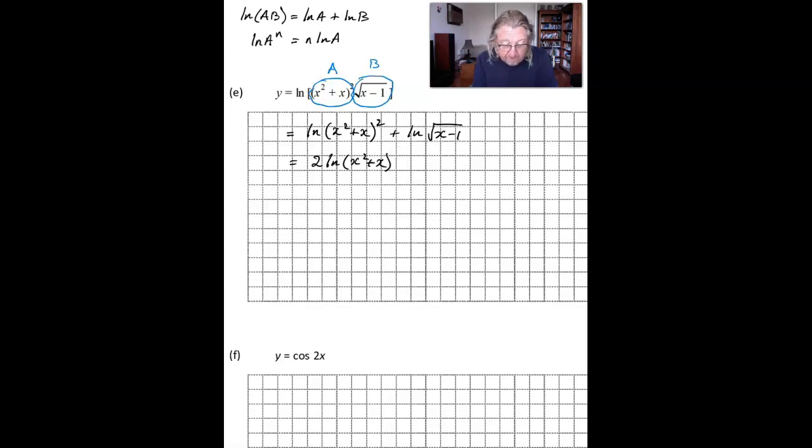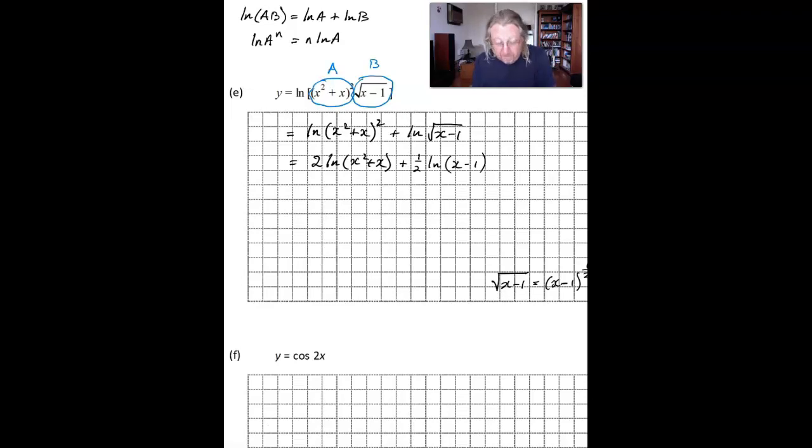We just got rid of that. Plus, now we know the square root of x minus 1 is x minus 1 to the half. Okay, so that becomes a half log x minus 1. So that half has come down in front. Now we can't simplify that with log laws any further.